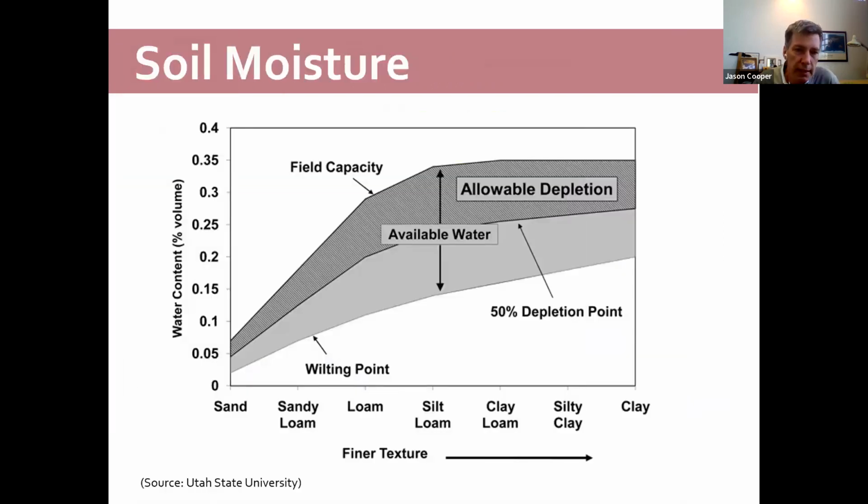Next critical piece is the available moisture in the soil. This is an agricultural chart, might be familiar to some of you if you've taken any soil classes. I'm not a soil scientist, but I'll attempt to tell you what you're looking at, which is a scale of differing soil types from sand on the left to clay on the far right.